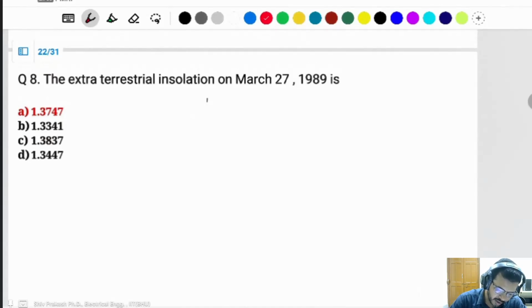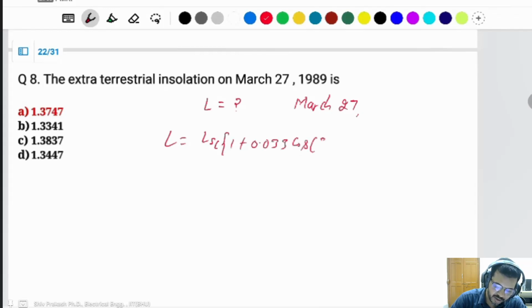Sorry. He's asking about the extraterrestrial insolation on March 27, 1989. L equals LSC times 1 plus 0.033 cos of 360 n divided by 365, where n is the number of the day.